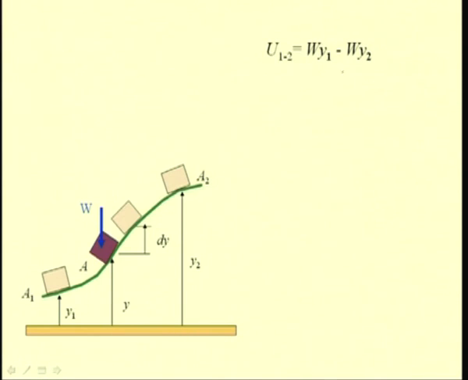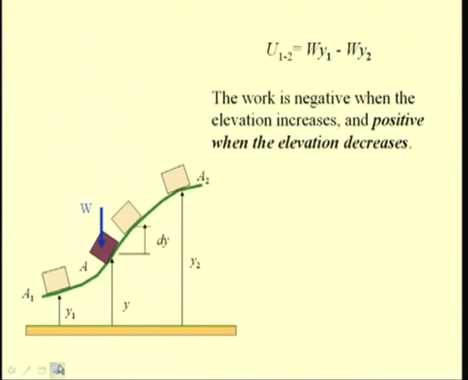So, this work done is negative when the elevation rises, because we know the value Wy1 is smaller than Wy2, because the coordinate y2 is greater than the coordinate y1.